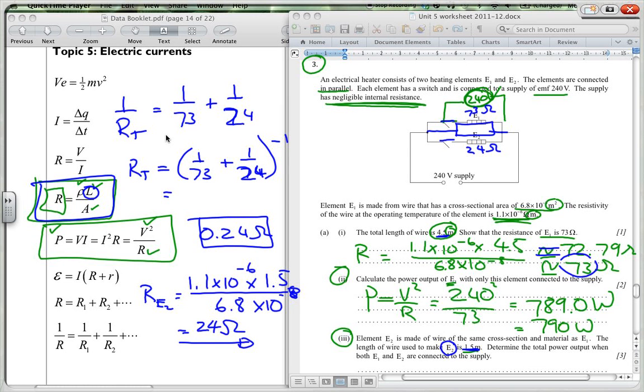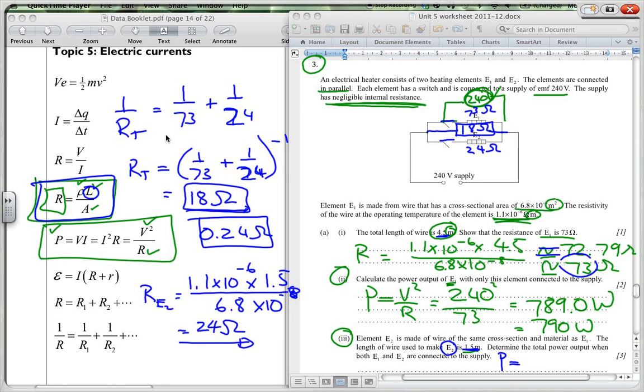inverse plus 24 inverse close bracket inverse, and I get a total of 18 ohms. So I've got 18 ohms as a combined resistance for both of them, and therefore determine the total power.